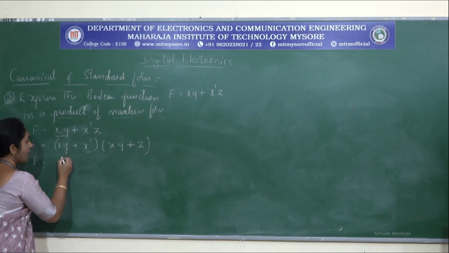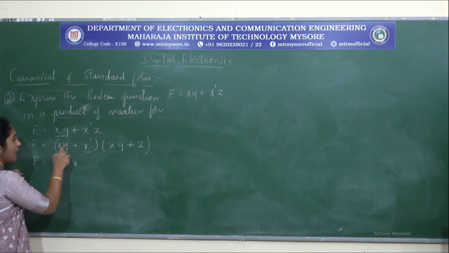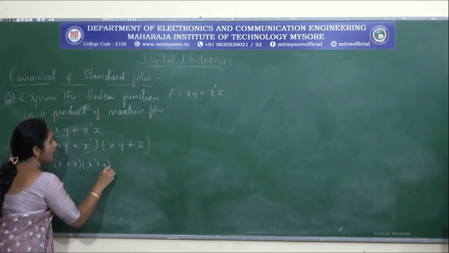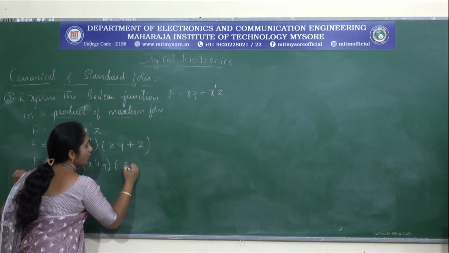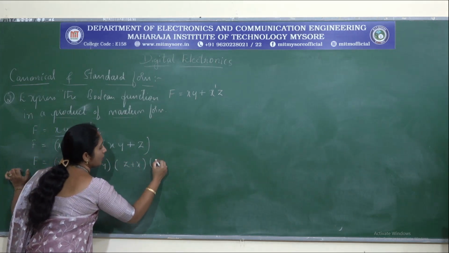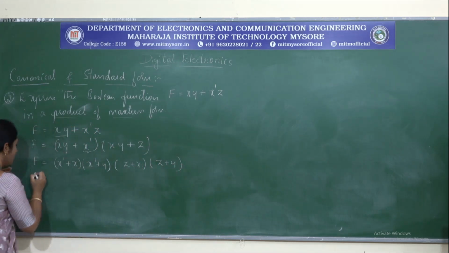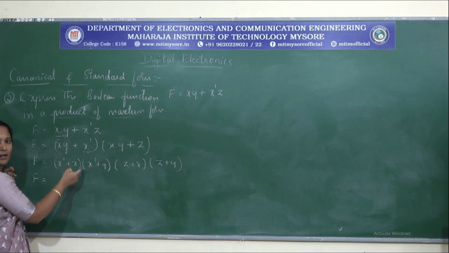Using that, we can write this as x dash plus x into x dash plus y, again using the distributive law, and then z plus x, z plus y. So using the distributive law twice, I have expressed this function like this.